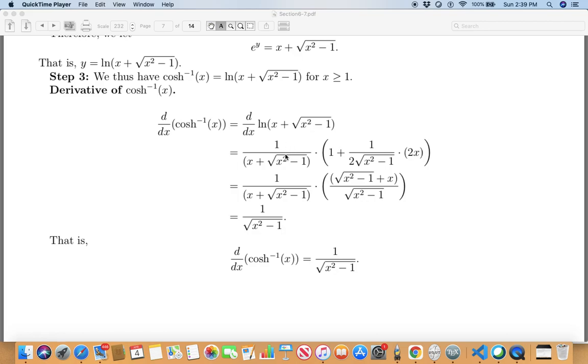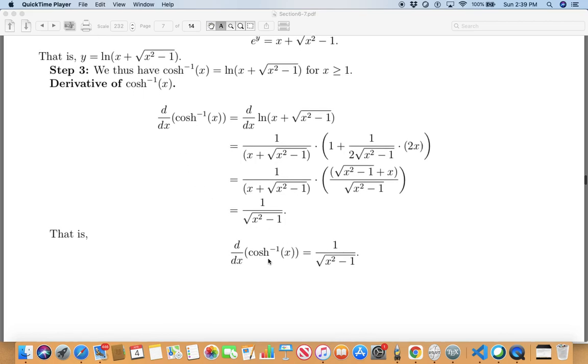Derivative of natural log is 1 over the argument times the derivative of the argument by chain rule. 1 plus 1 by 2 root x squared minus 1 times the derivative of this, that's 2x. Simplify, get a common denominator, cancel the numerator and denominator. We are left with 1 by root x squared minus 1. So the derivative of cosine hyperbolic inverse x is 1 by root x squared minus 1.